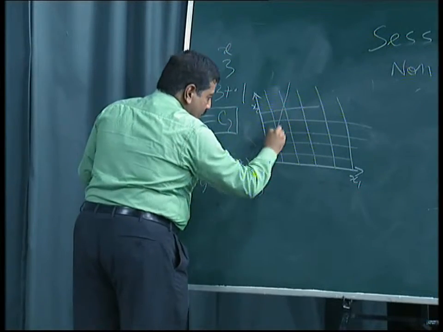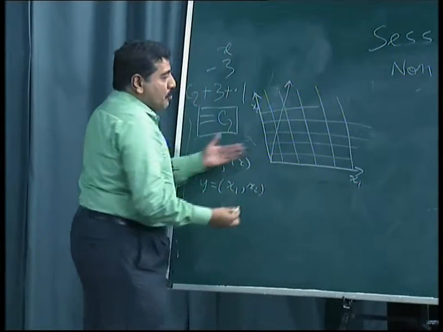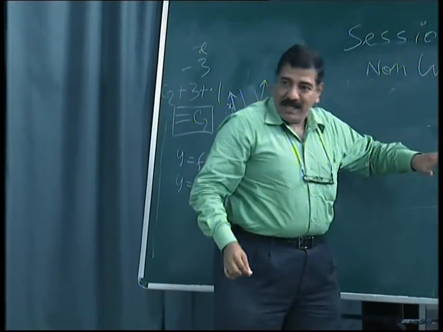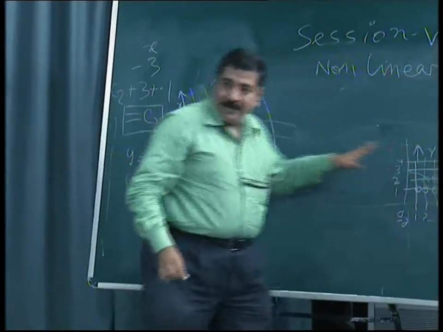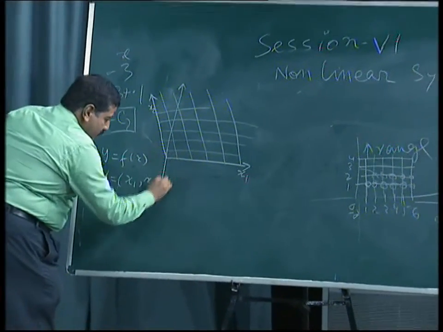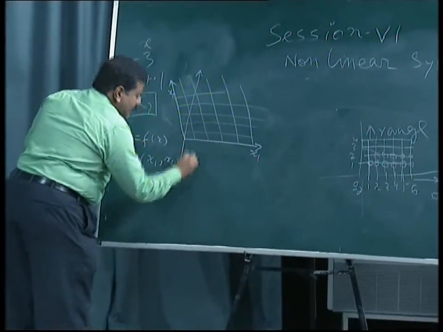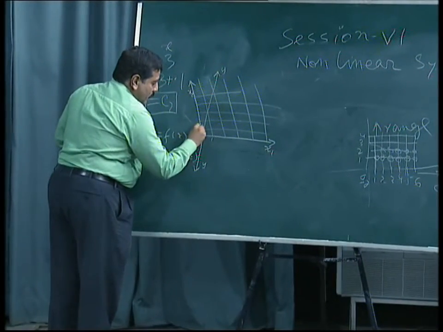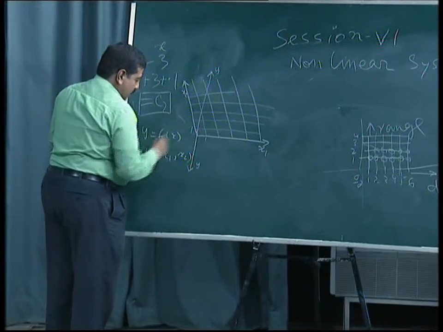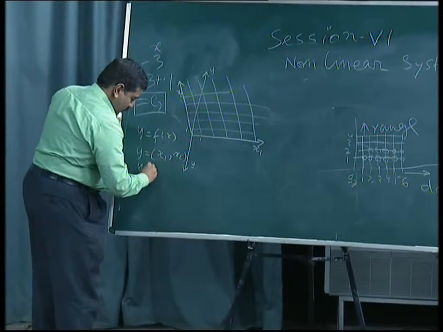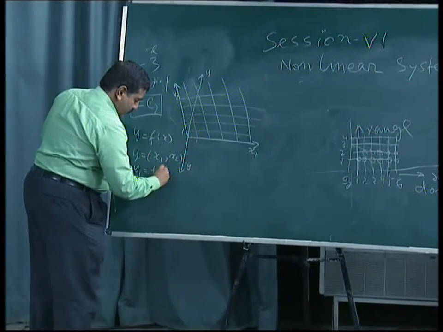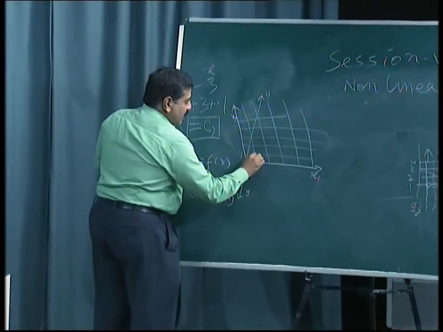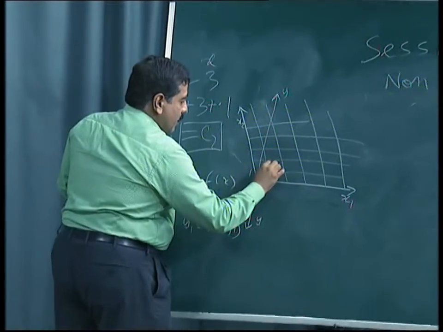Assume this to be a perpendicular axis projecting outside this board if it is positive and inside the board if it is negative. Okay, so this is my y axis. So this will be the point (1, 1), and y1 will be equal to f of the corresponding height over here.